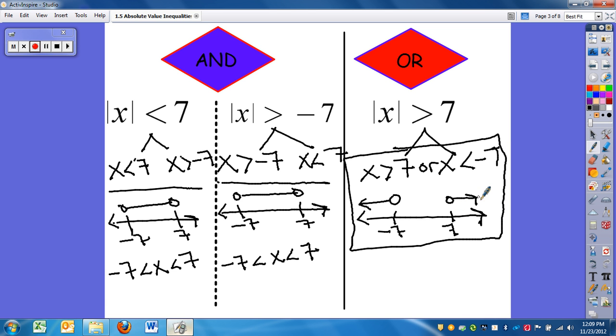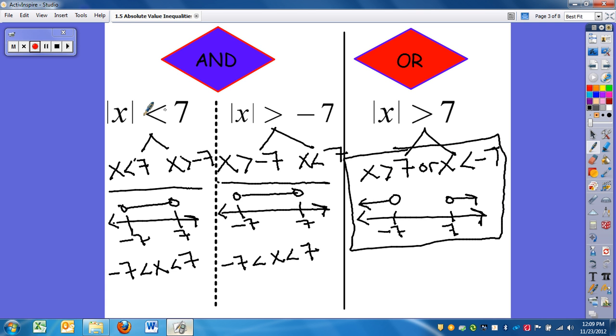So just to recap, when it's less than a positive, it's and. When it's greater than a positive, it is or. And when it's greater than a negative 7, it is and. If we have less than a negative number, well, that would be no solution, but we're not going to be dealing with any of those in this section.